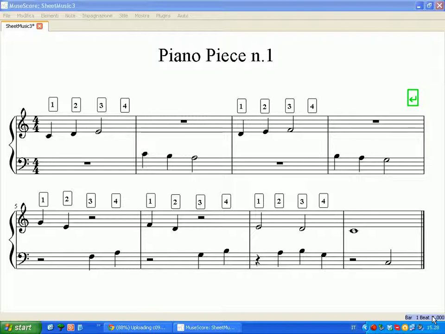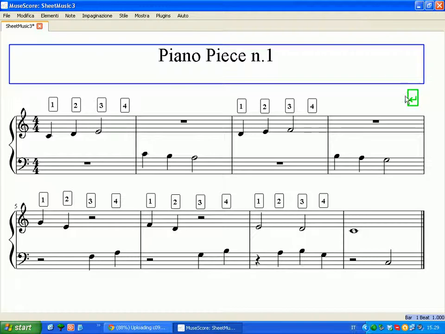So now in this case we are not going to look at the right hand staff for the last bar, but we are going to consider, of course, the left hand staff. So in this case the first beat will occur, of course, at the beginning of the bar.